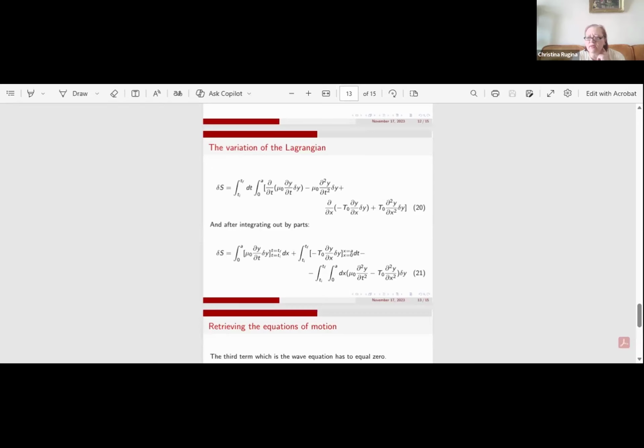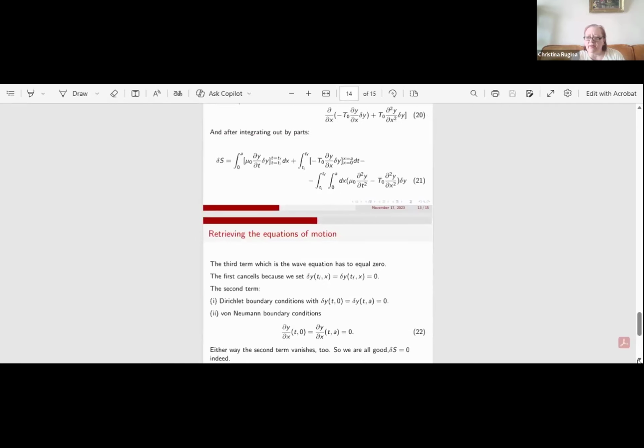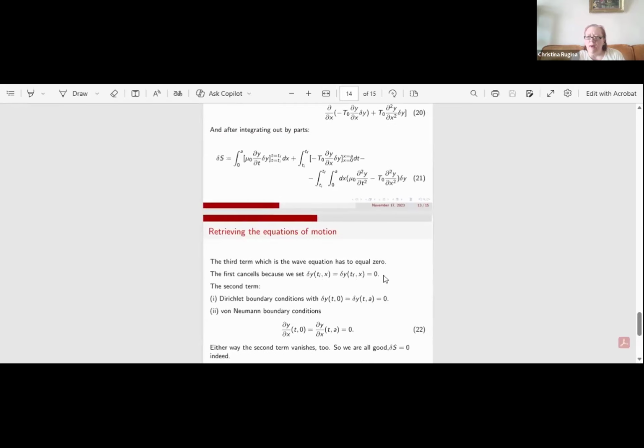These terms will cancel. So the equations of motion, in order for you put this one equals to 0, this one has to be equal to 0. And the reason those terms cancel are like that. The first cancels the first term because you have this one equals to 0, and the second term, it's either because you have Dirichlet boundary conditions, or you have for Neumann boundary conditions, the second term cancels as well.